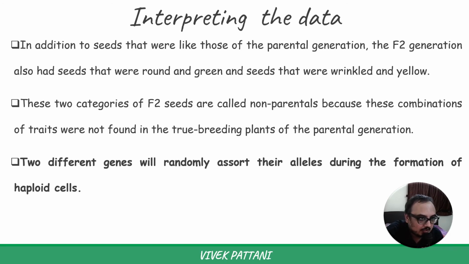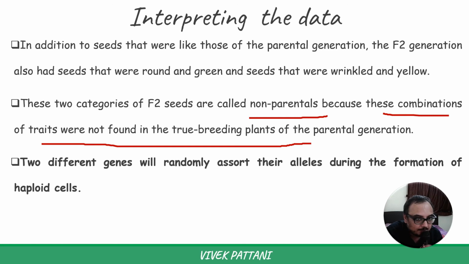In addition to seeds that were like those of the parental generations, the F2 generation also had seeds that were round and green, and seeds that were wrinkled and yellow. These two categories of F2 seeds are called non-parentals, because these combinations of traits were not found in the true breeding plants of the parent generation.